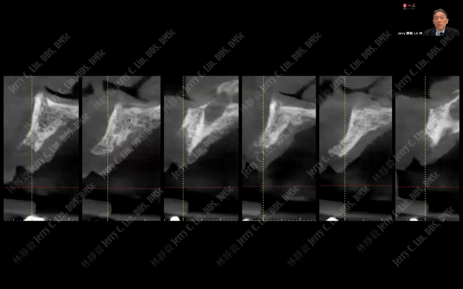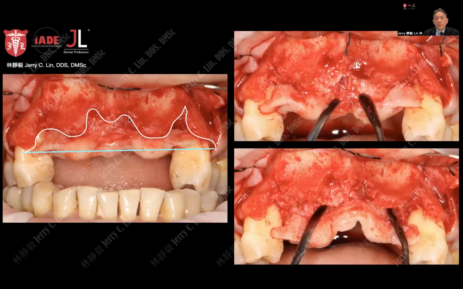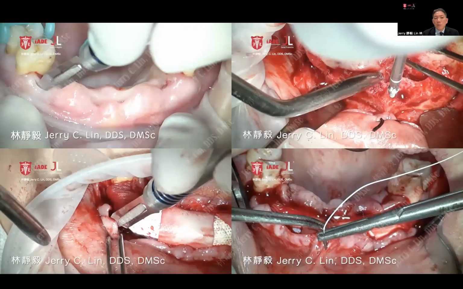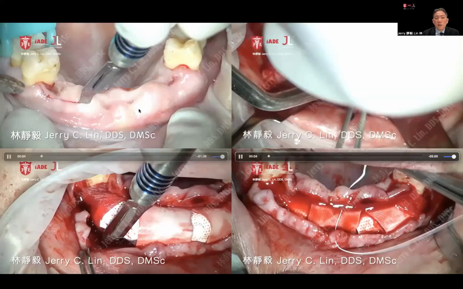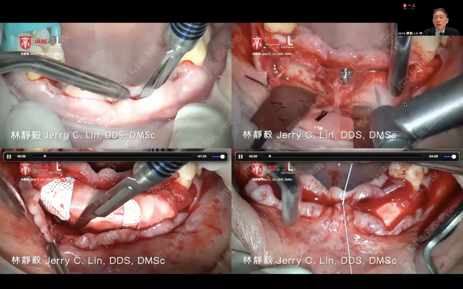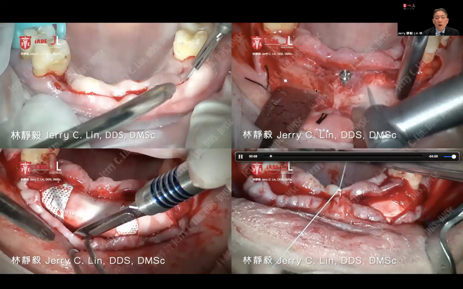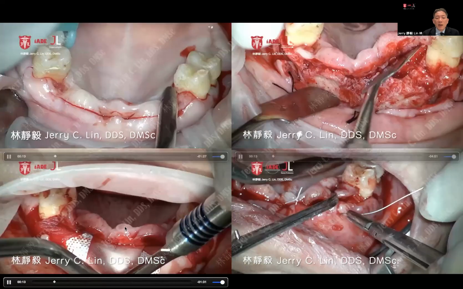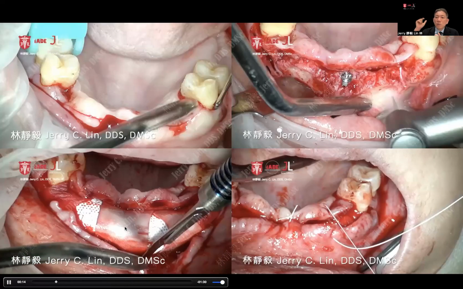So what I did, just like in those massive destruction cases, I did it a little bit differently for the soft tissue, but for the bone here, I used both resorbable and non-resorbable membrane. The incision here is a crescent incision, then decortication and bone grafting. I used tenting screws to hold out the space, and I used 2 types of membrane, non-resorbable and resorbable.